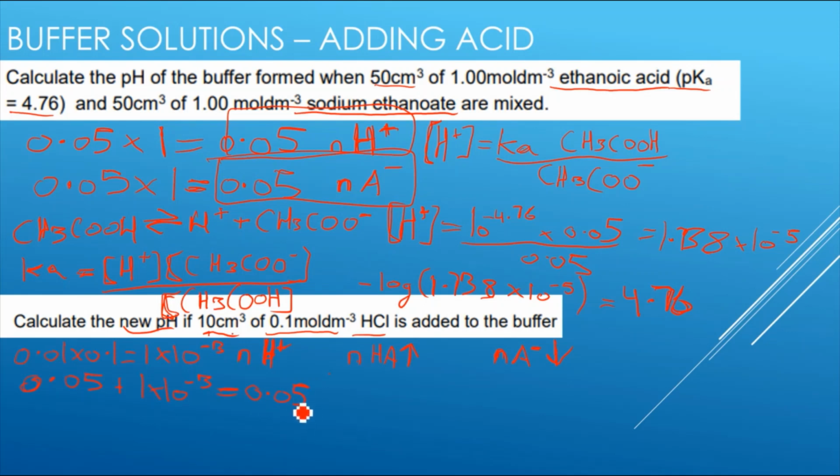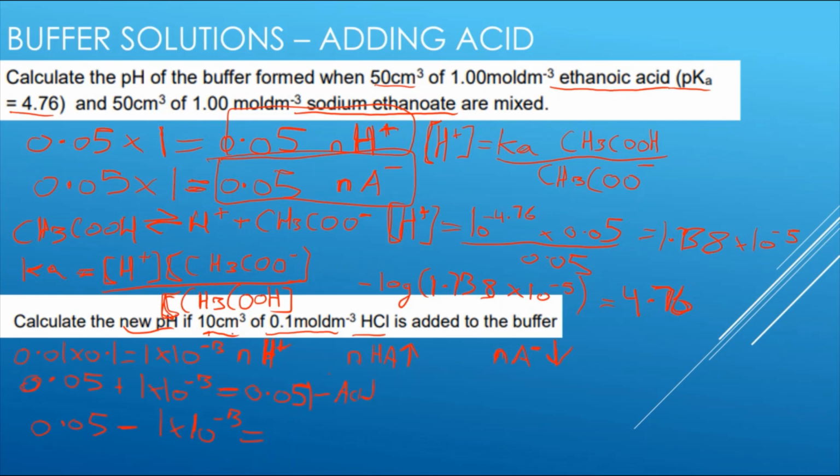So this would be 0.051, and I'm just going to write acid next to that, and then it would be 0.05, and I'm going to be minusing the moles now, because the moles of the ethanoate ions would have decreased.